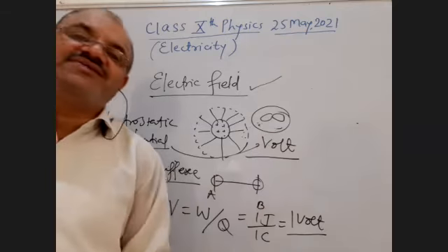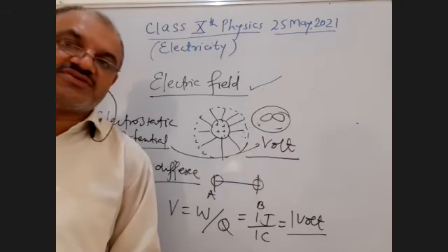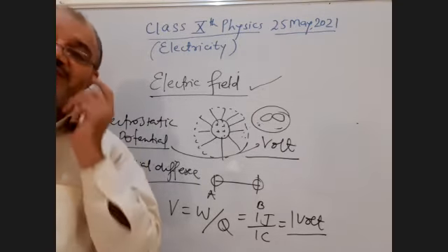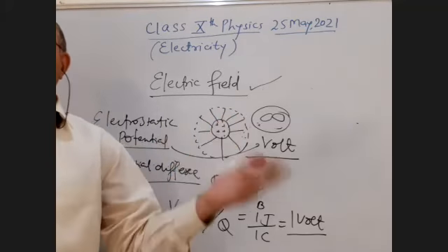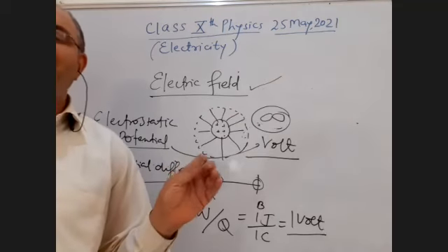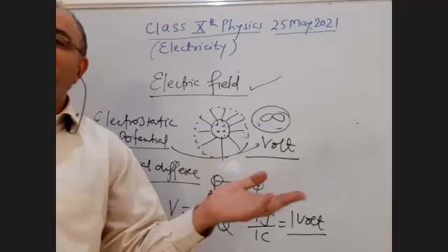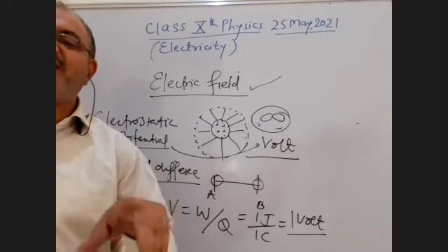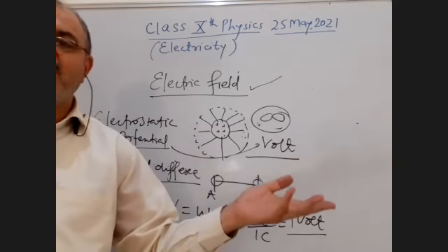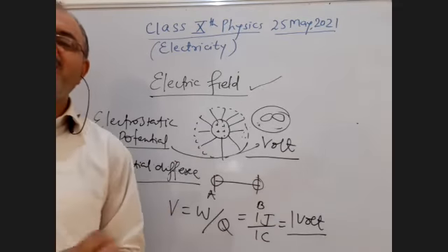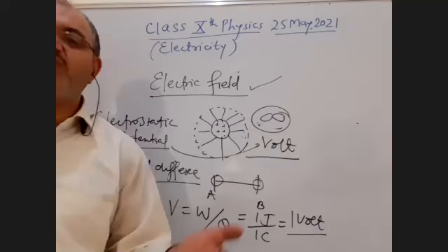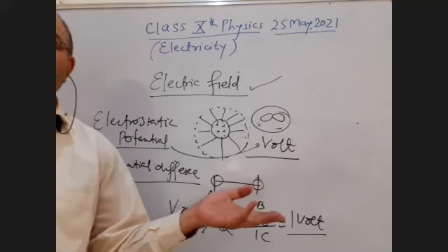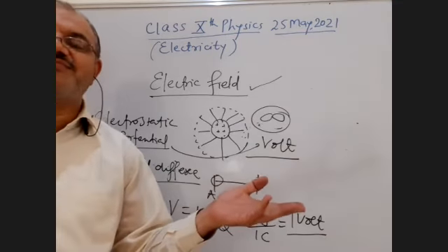Why? Again, that is a great question. Generally, one question is sure to come, either on the ammeter or the voltmeter: why is the ammeter connected in series or the voltmeter connected in parallel? Explain. In all competitive exams, NTSE, NDA and science Olympiads, and even in the board exam, this type of question is asked.